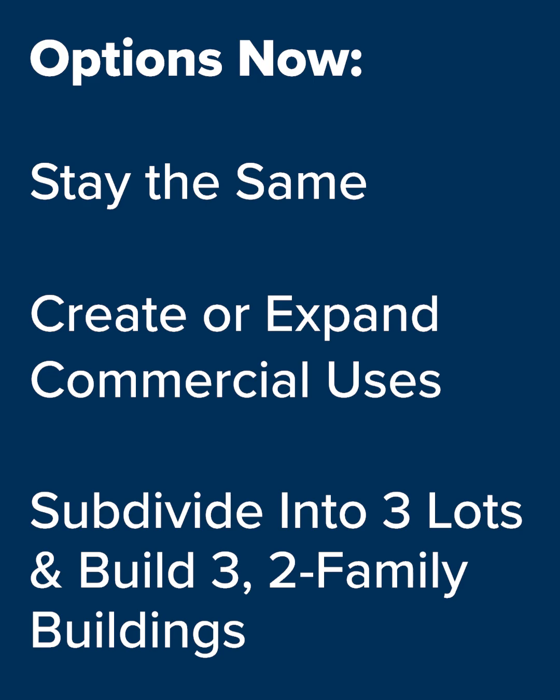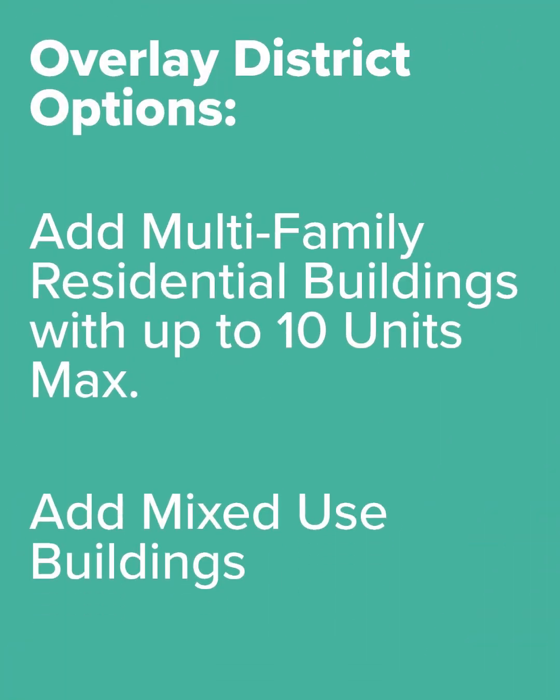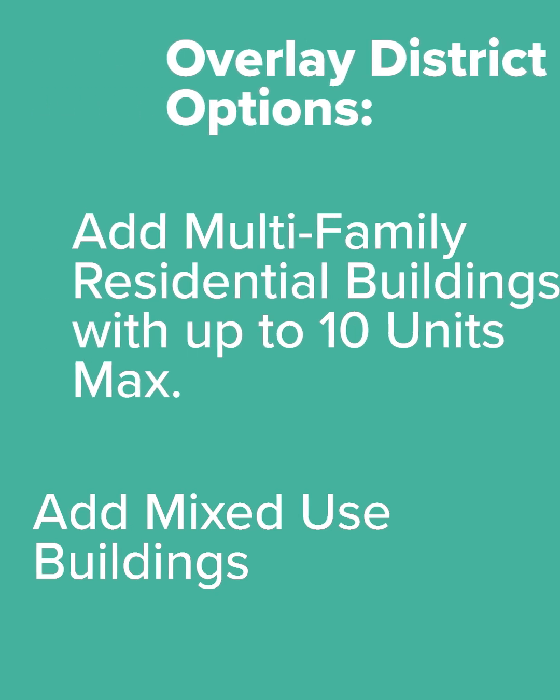That's what could happen there now, and those are all by right. With the new bylaw, there are 2 additional options. One, to add multifamily residential buildings with up to 10 units, or to add mixed-use buildings like the buildings at 1012 Summer with commercial space on the first floor and up to 10 units of residential.